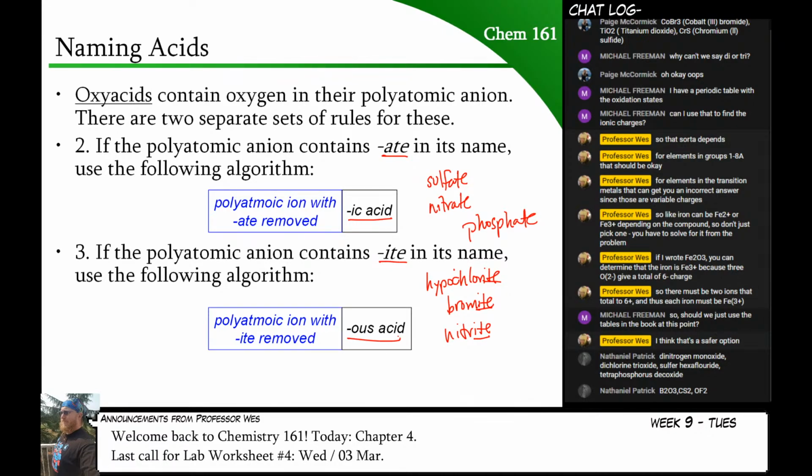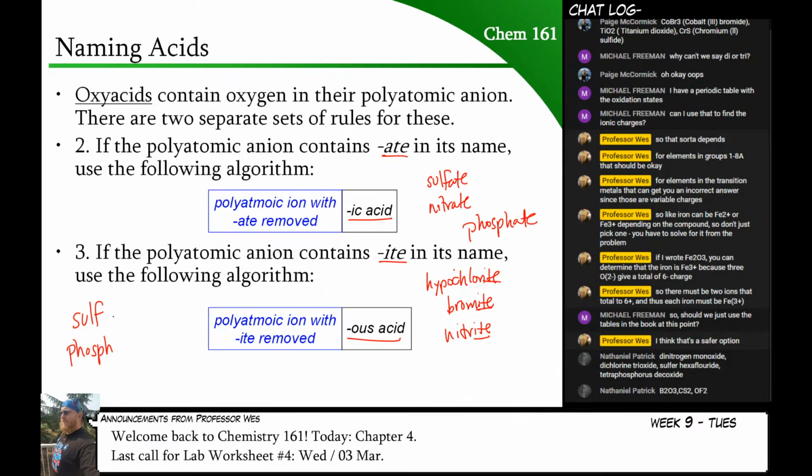Now, for two specific examples, and those are these right here. I'm going to do sulfate and phosphate. What we do for these two is we get rid of the "ate", but then we modify what's left so that it sounds a little bit better.